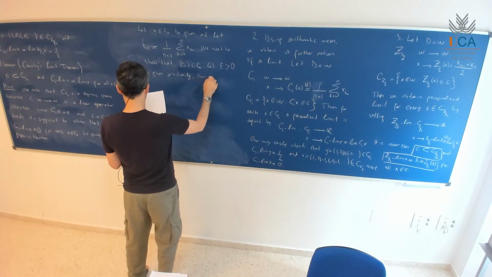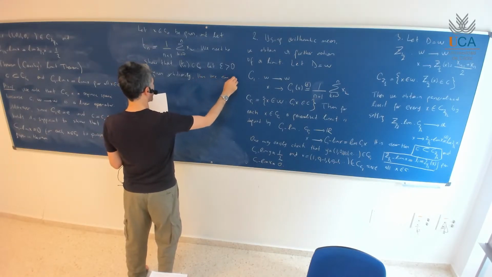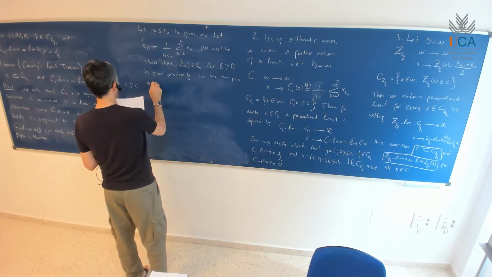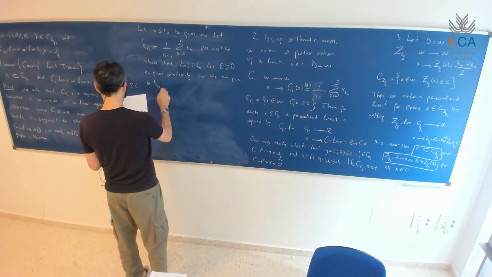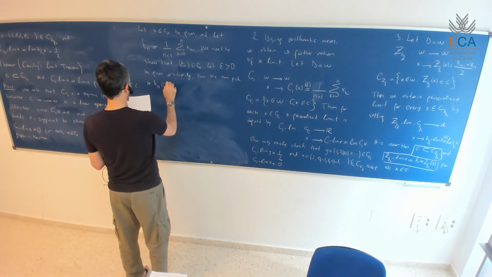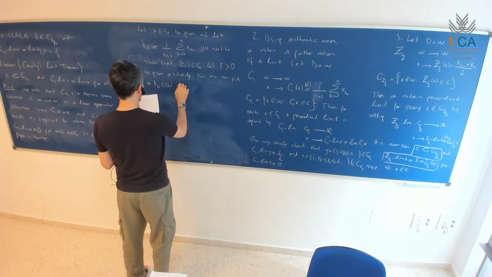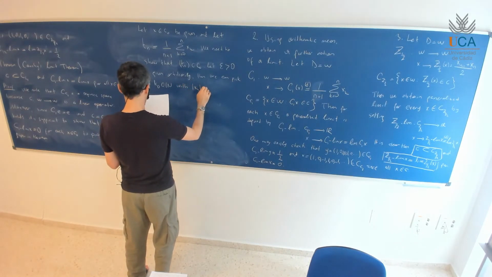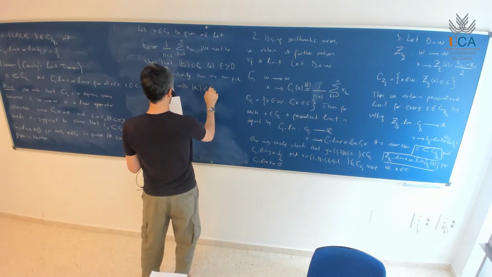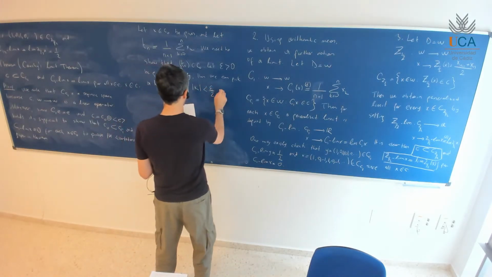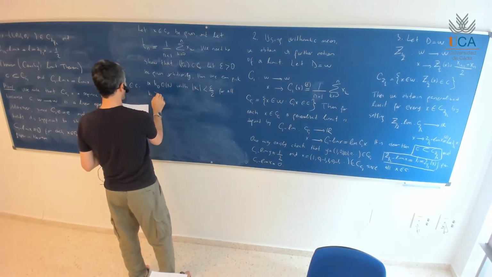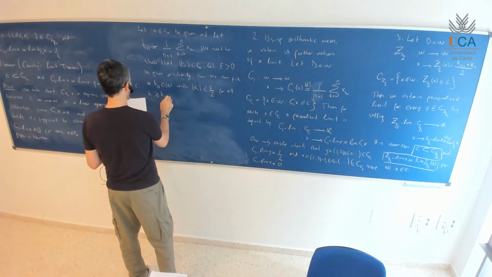Then we can pick a natural number k naught with absolute value of xk less than epsilon over 2 for all k greater or equal to k0.